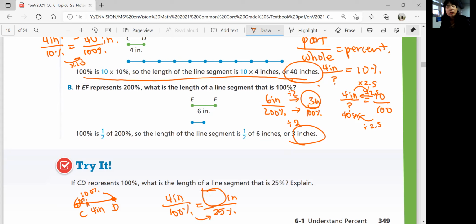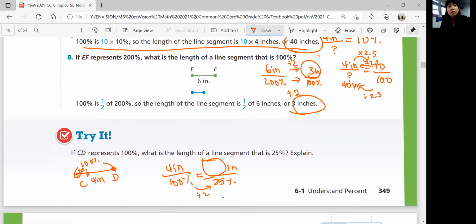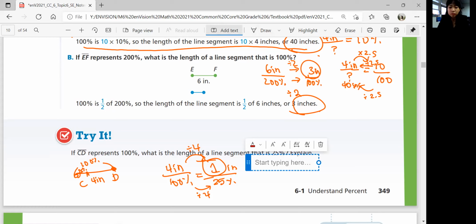So 100 to 25, what do you have to do? You divide by 4. So 4 divided by 4 is simply 1, right? So 1 inch. Can you explain how you got this in words? 25% is 1/4 of 100%.